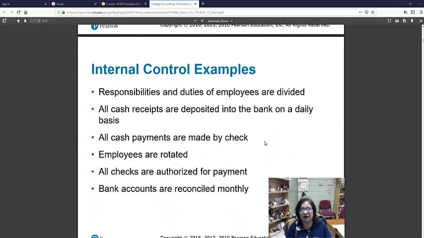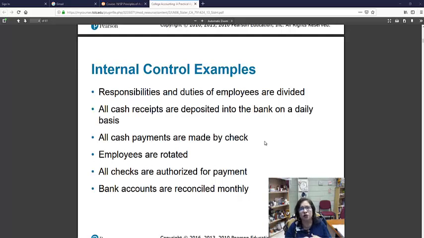So typically, if you have a petty cash where you've got a cash store, you want to make sure the responsibilities of the duties are divided, and that you've got all the receipts. That's why it's important to keep receipts, to ensure that the amount of money coming in and going out is documented correctly.